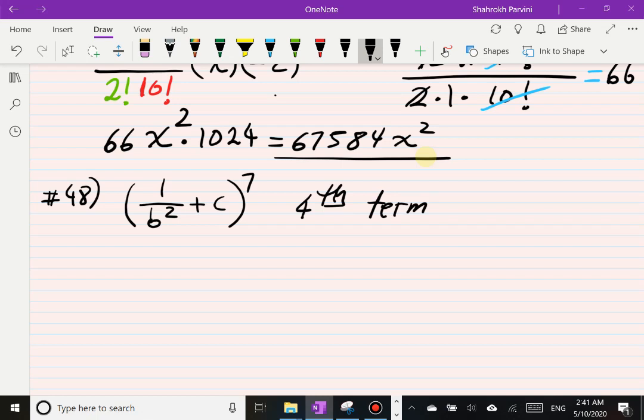So for this one, again, we're going to put the first term in the binomial side by side next to the second term in the binomial. For the 4th term, what's going to be the exponent on c? 4th term. It's going to be 1 less, right? So I'm going to go 3. That's 1 less than 4.